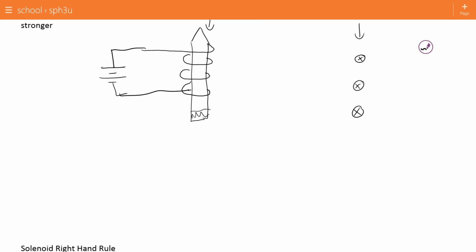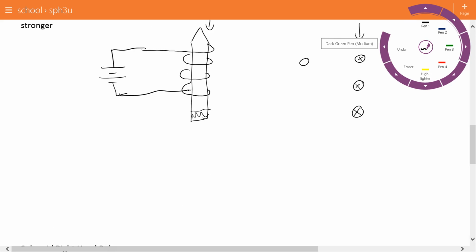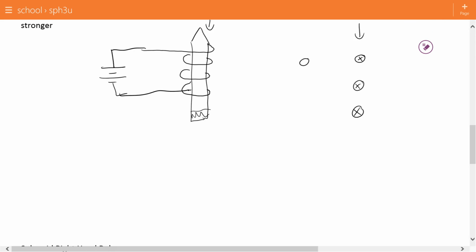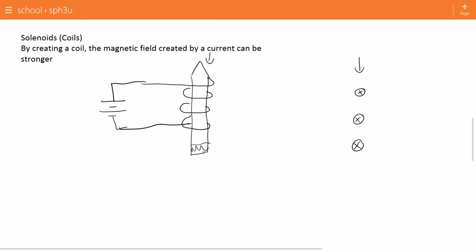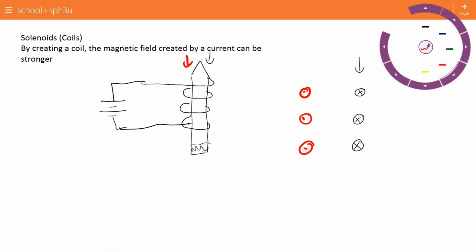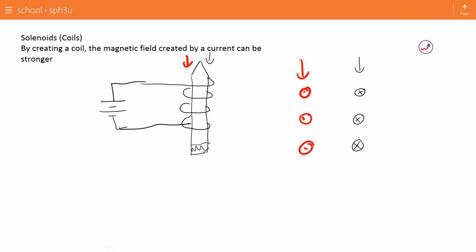Alternatively, on the other side of the pencil, we're going to have wires that are consistently coming out of the page. Let's use the right-hand rule. We're going to start with the side that we drew second.